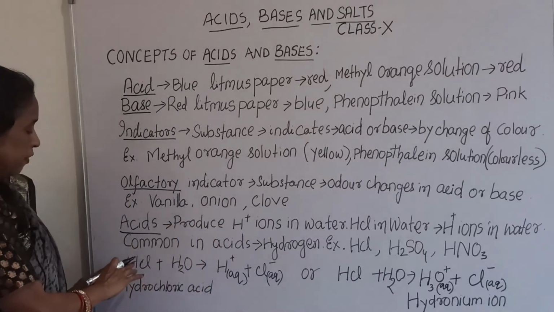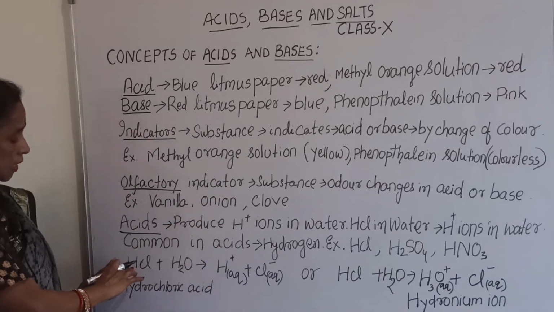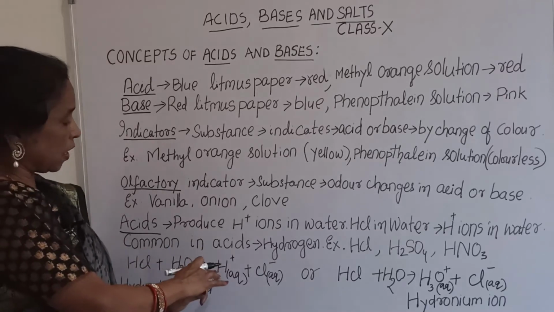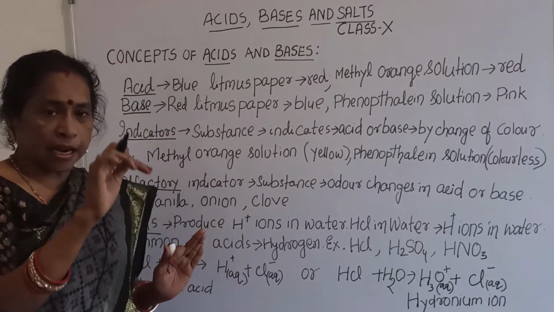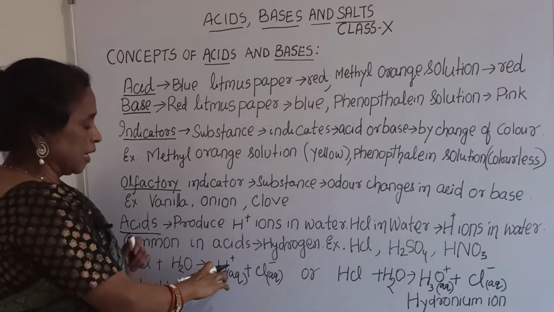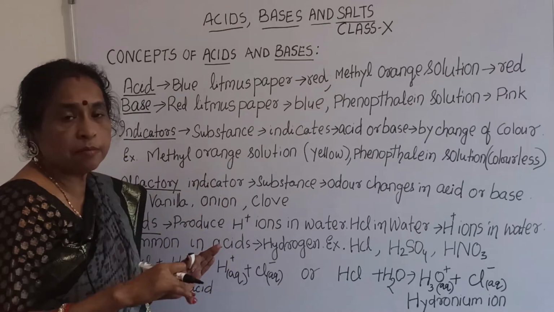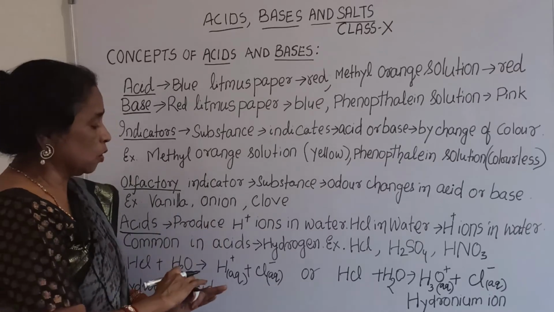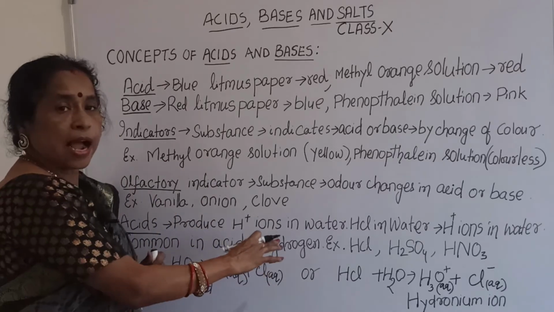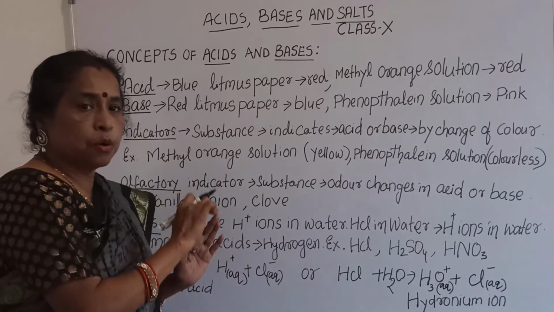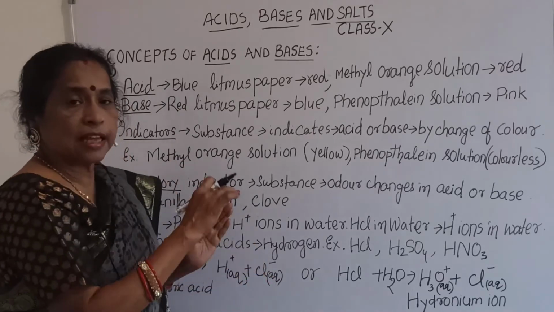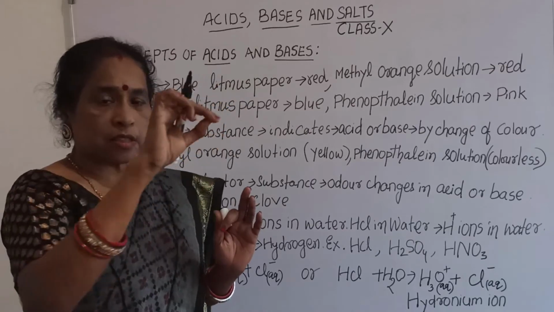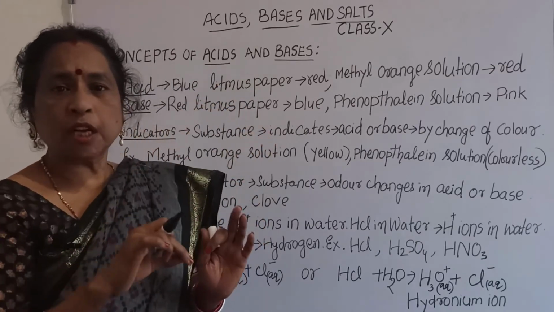Look again: HCl in water, or HCl when it reacts with water, what happens here? H plus ion in bracket aq means in the presence of water molecules, surrounded by water molecules. Similarly, Cl minus means chloride ion, and here also aq is written in brackets, meaning these chloride ions are surrounded by water molecules.